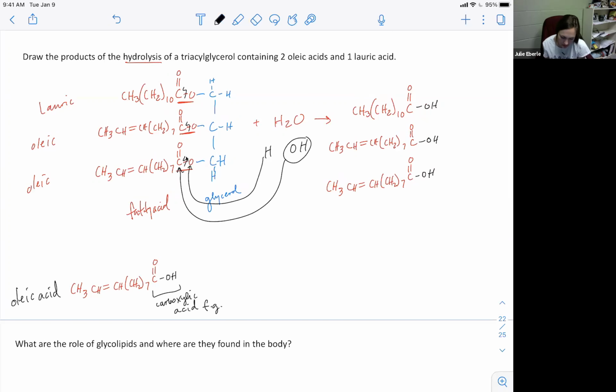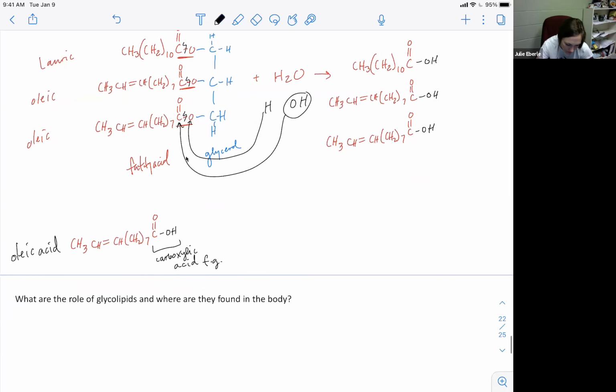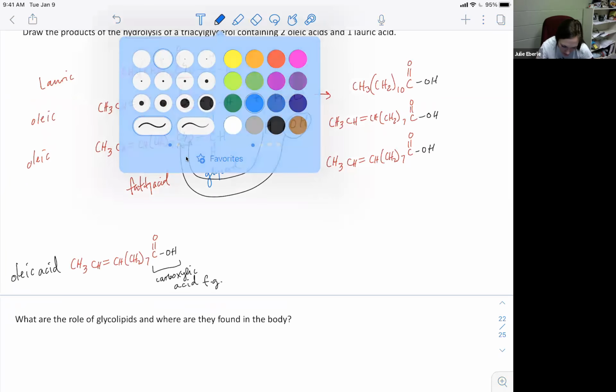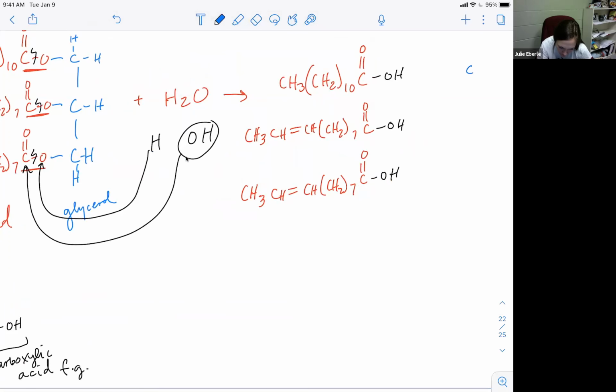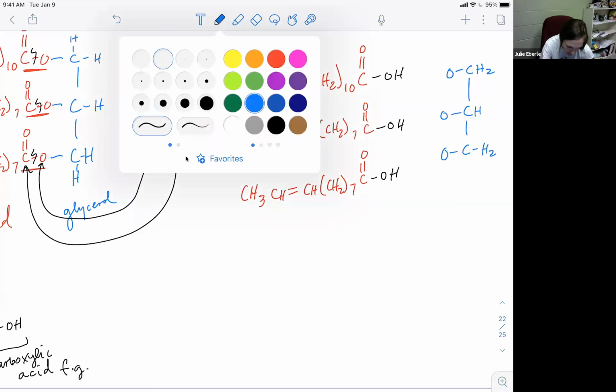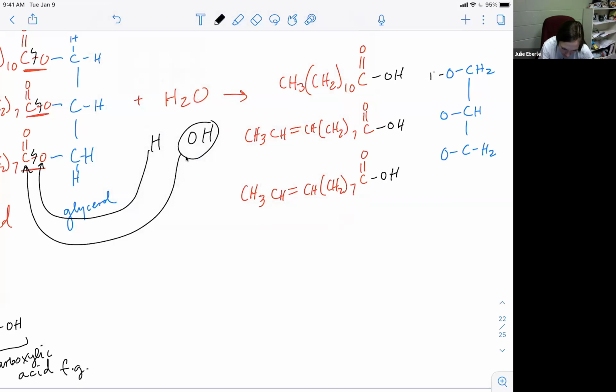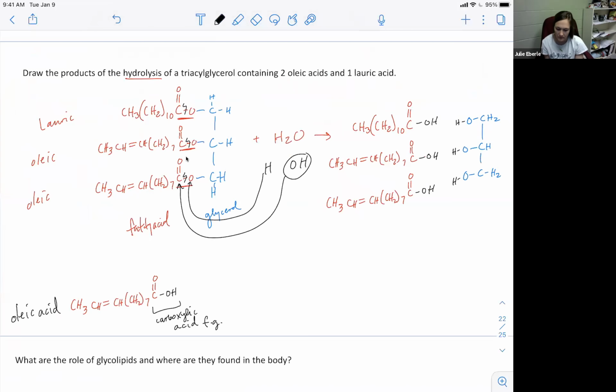Okay, so there's lauric acid and 2 oleic acids, and now glycerol. I'll do it in blue since it was in blue. And these hydrogens are from water.